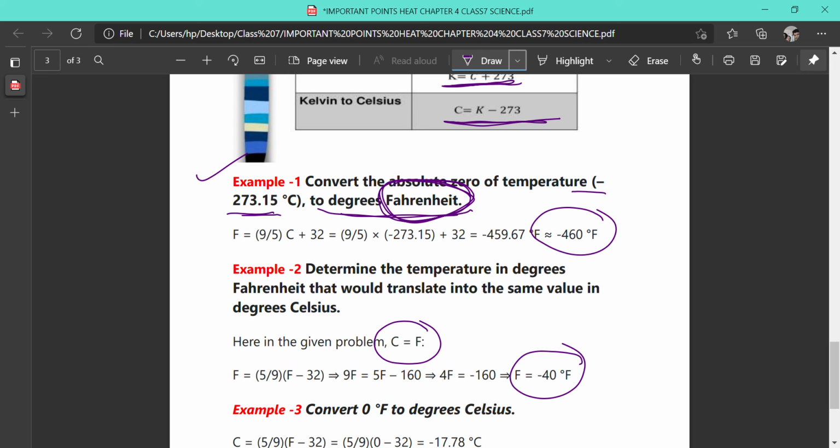So at minus 40 degree, both the Fahrenheit scale and Celsius scale will read the same.